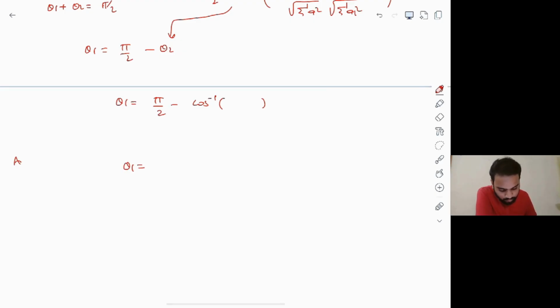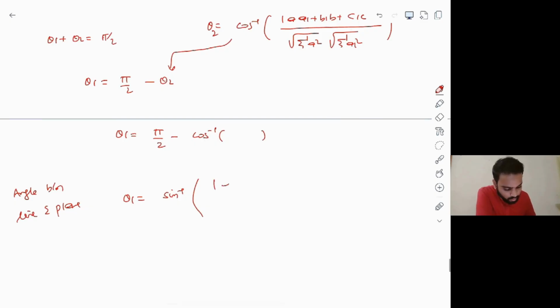Let me mention: the angle between line and plane is sine inverse of the modulus of A A1 plus B B1 plus C C1 whole divided by square root of sigma A square multiplied by square root of sigma A1 square.